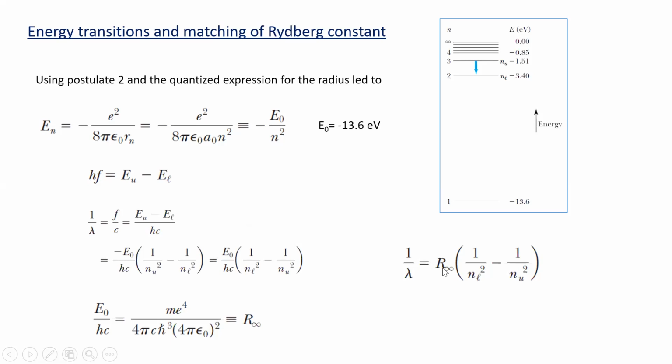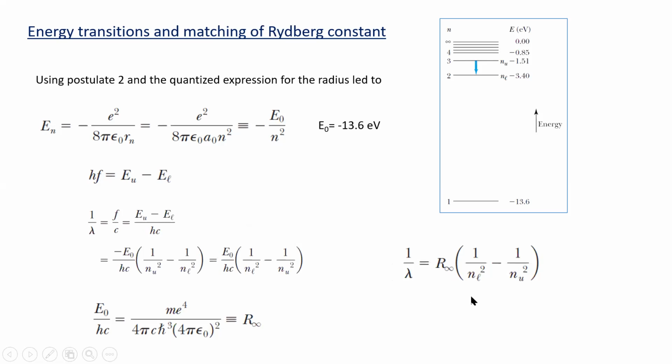And so Bohr had achieved his goal of deriving the Balmer formula from a set of principles, namely postulate 2 and postulate 4, which led to the quantized expression here.